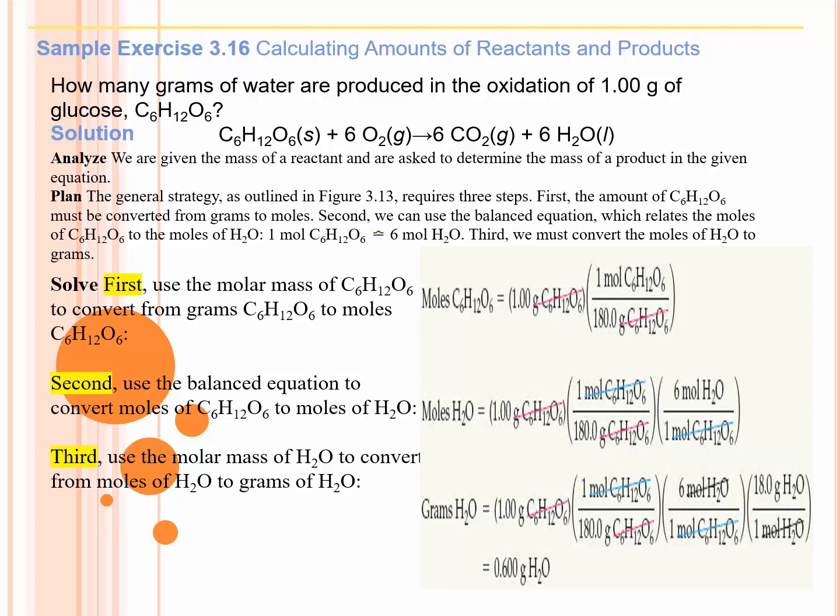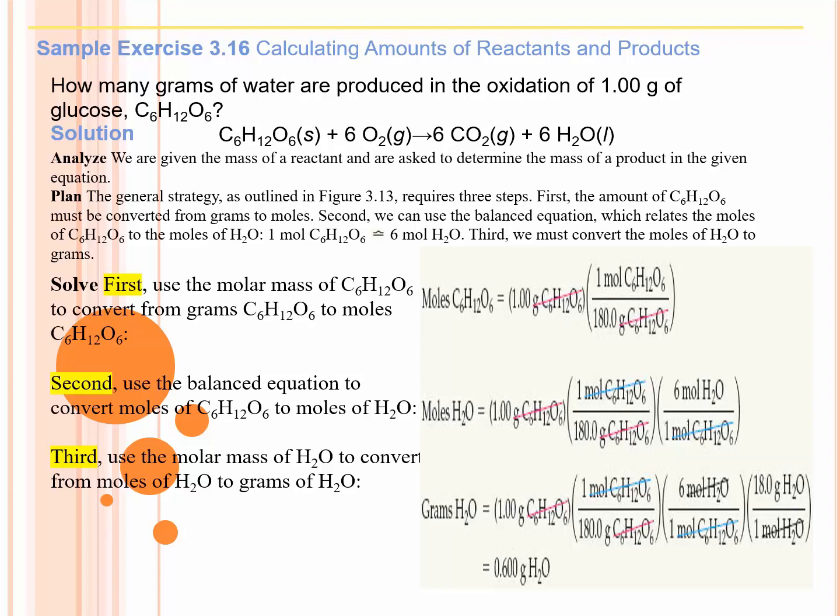This cancels with this. Then use the balanced equation to convert moles of glucose to moles of water. So moles of water equal the result of this times 6 moles of water per 1 mole of glucose. This cancels with this. And then in the last step, use the molar mass of water to convert from moles of water to grams of water.